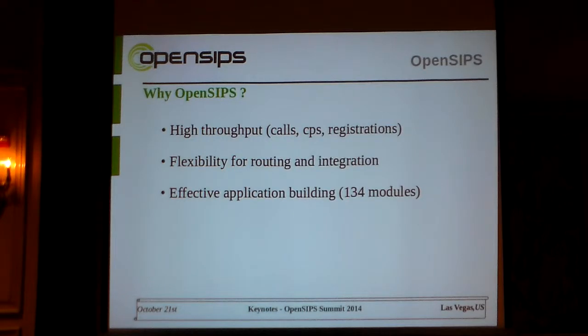Probably you are used to Asterisk, being able to do a couple of hundreds of calls, a couple of tens of calls per second, and so on. So with small to medium services, but with OpenSIPS we go to carrier-grade size. We are able to do tens of thousands of calls per second and handle millions of parallel calls. So we have a really high throughput on the system. If you need something like that, then definitely OpenSIPS is for you.